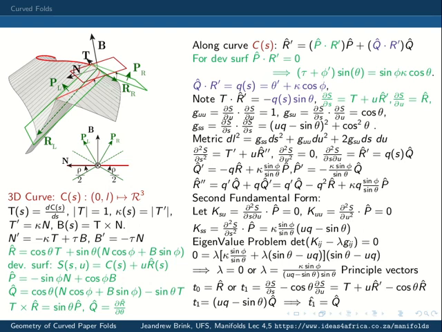And Q is cos theta times the same bracket you've got in R, n cos phi plus b sine phi, and then minus sine theta T. So that is the relationship of P, R, Q in terms of T, N, and B.